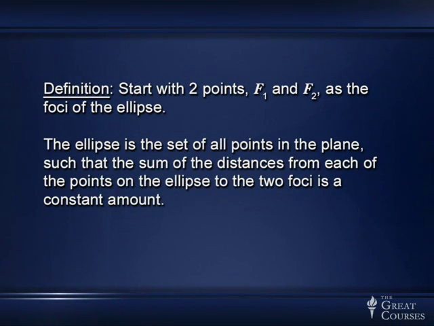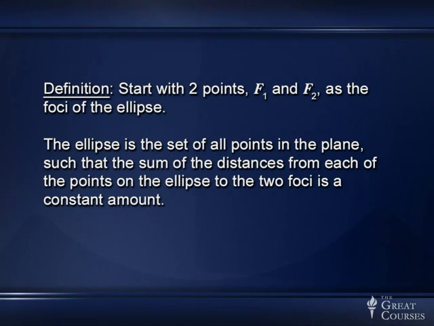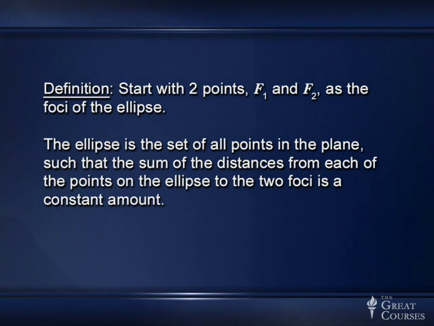Then the ellipse associated to those 2 points F1 and F2 is the set of all points in the plane such that the sum of the distances from each of the points on the ellipse to the 2 foci is a constant amount. Now, this should trigger something in your memory.